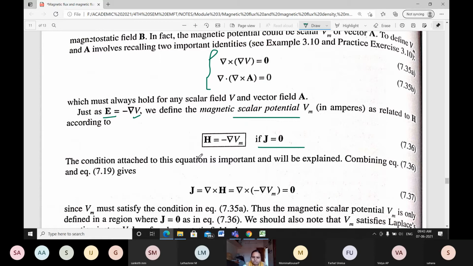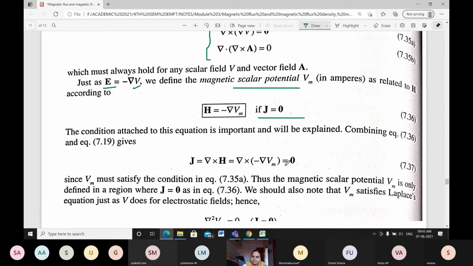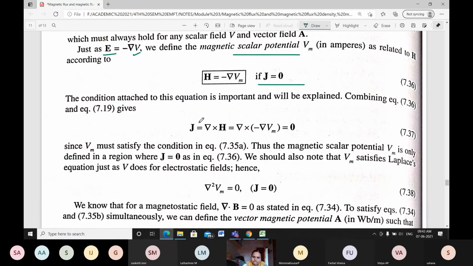Then the condition attached to this equation is important, and it will be explained in the previous thing. Then J is equal to del cross H, which is equal to del cross, substituting for H here, minus del Vm, and that is again equal to 0 only.